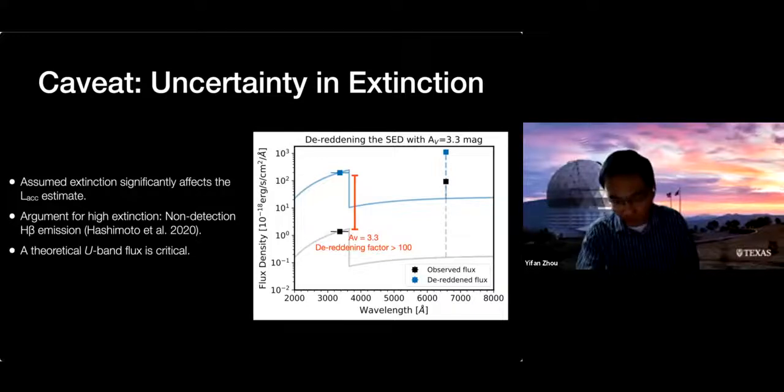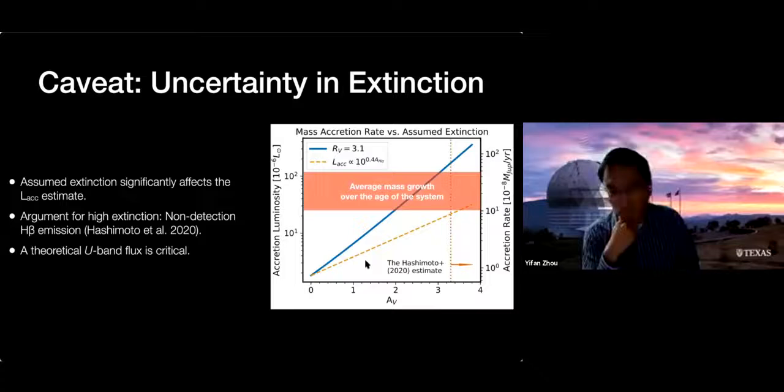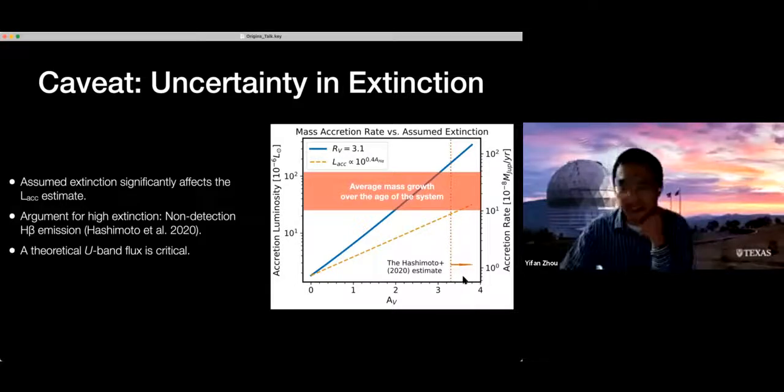If we use this high extinction estimate for our accretion luminosity and accretion rate measurement, because extinction affects the U-band photometry much more than H-alpha, the accretion luminosity measurement increases much more steeply than if only accounting for extinction for H-alpha.